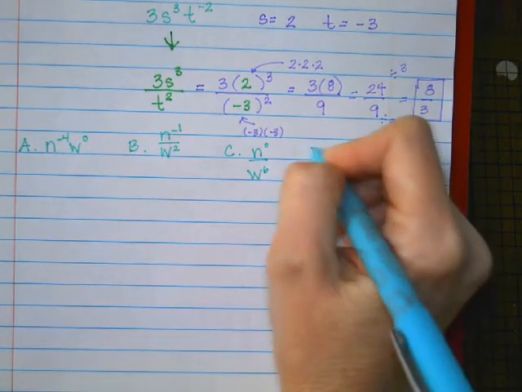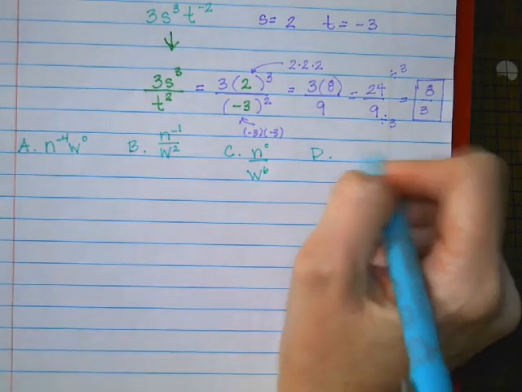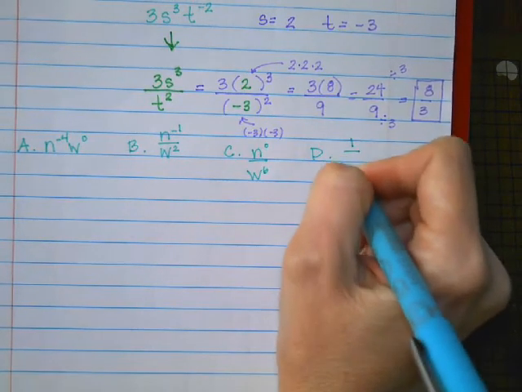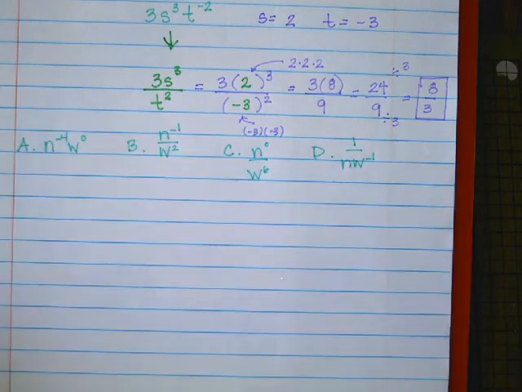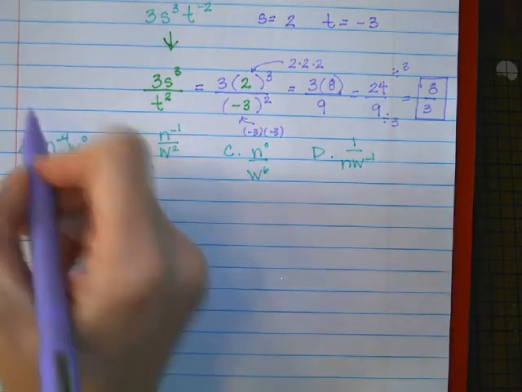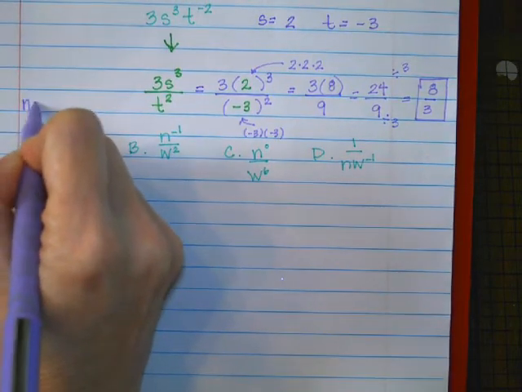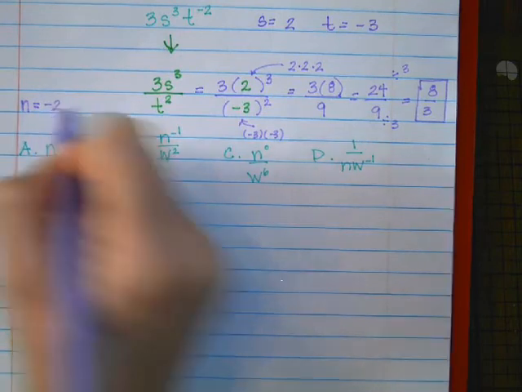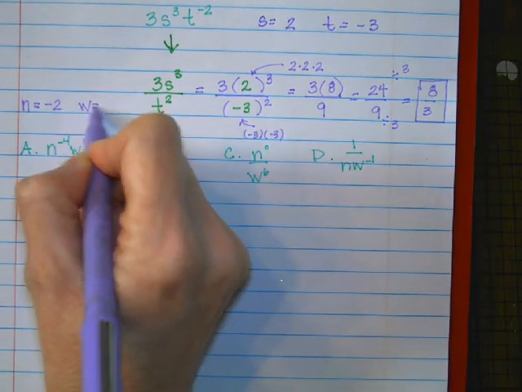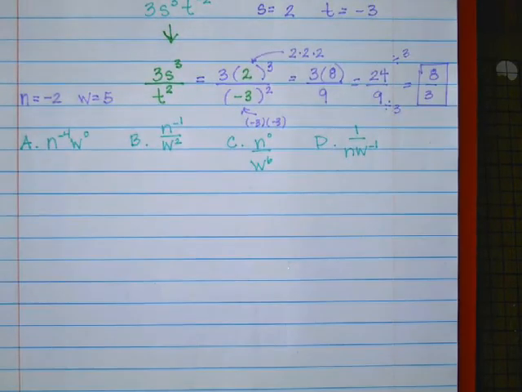And our D1 is 1 over n times w to the negative 1. All right, so for all 4 of these, we're going to use the same substitution values. We're going to let n be equal to negative 2 and w be equal to 5. So for solving all 4 of these, this is what we're going to do.